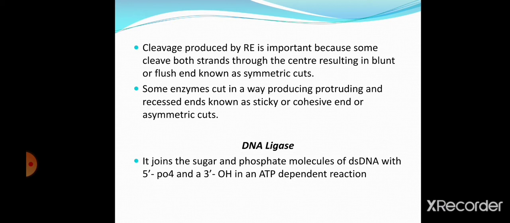If the enzyme cuts in a way producing protruding and recessed ends, it is known as an asymmetric cut, or sticky, cohesive or staggered end. So restriction enzymes play a very important role in genetic engineering.